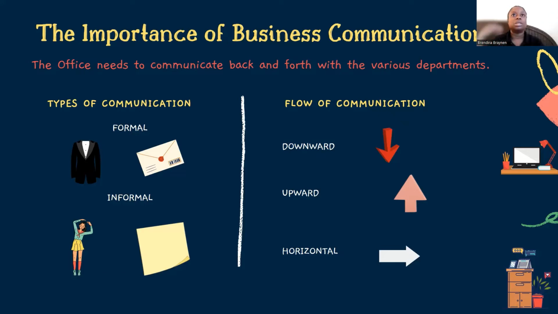Sometimes the managers or the chief persons are going to communicate some things below, maybe the rules of the company, the way that they want their employees to behave. That's downward communication because it starts with the head and it flows down to everybody at the bottom of the chain, pretty much.